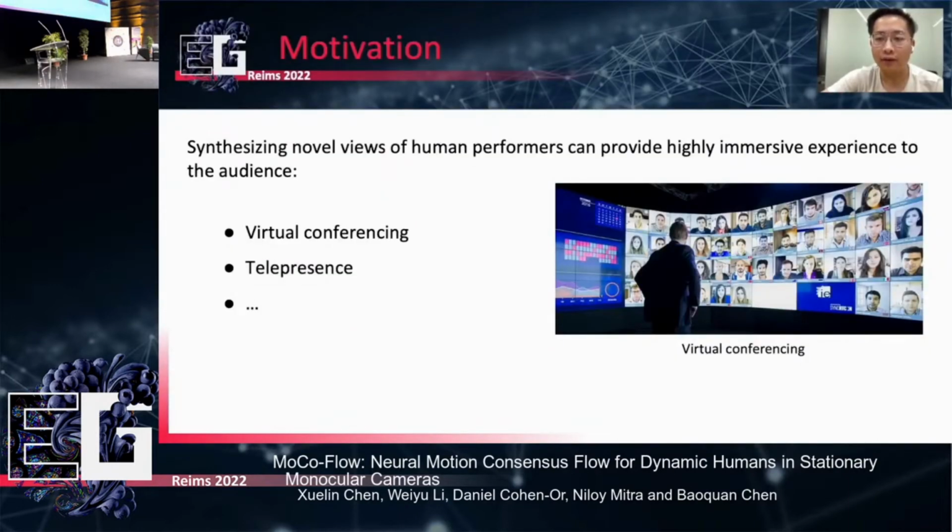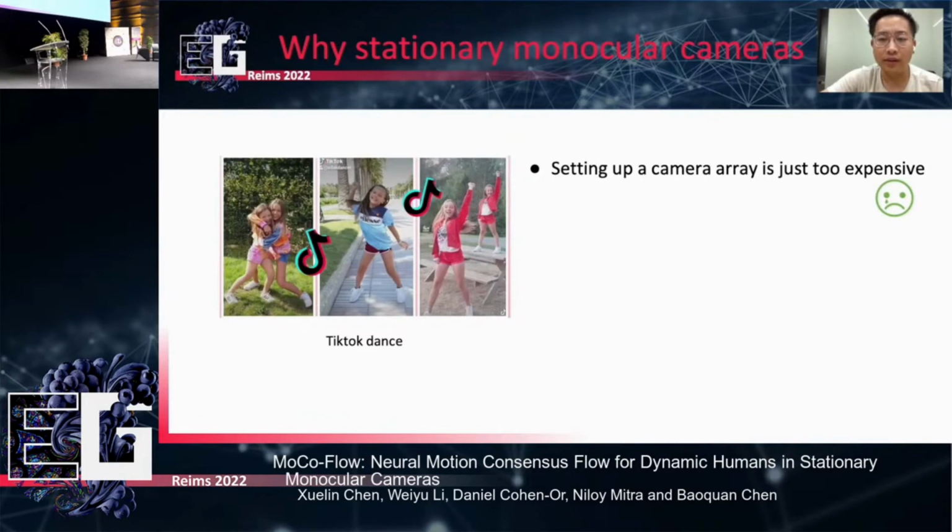Synthesizing novel views of human performance has a variety of 3D applications, such as virtual conferencing, telepresence, and so on, which can bring a highly immersive experience to people's work or entertainment. Most previous methods rely on multi-view videos, which typically require static scenes, controlled environments, or specialized capture hardware with expensive studio setups.